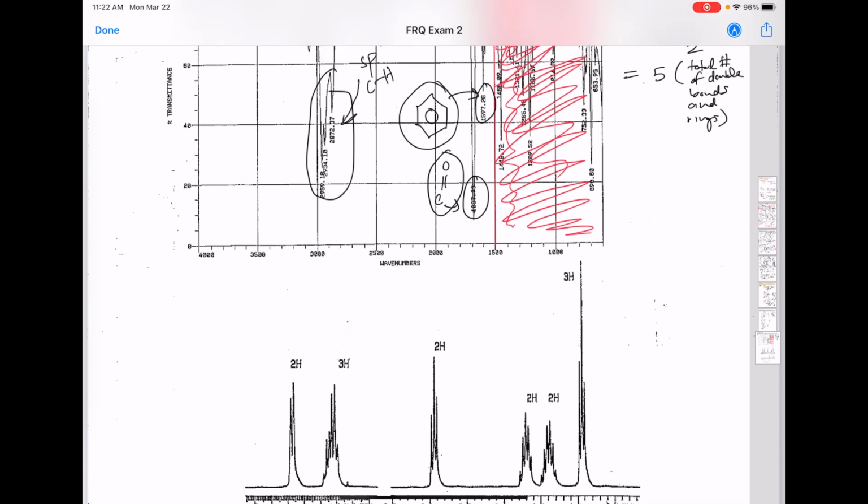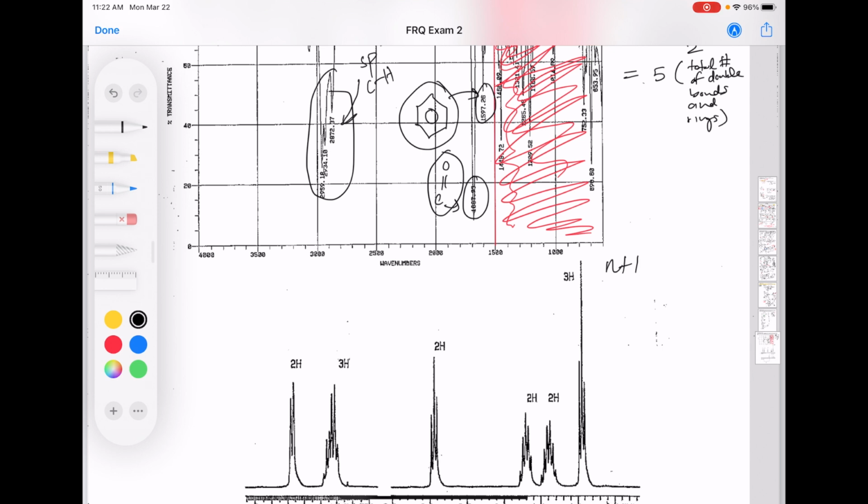So when we look at the splitting pattern of this set of peaks, we see there are 3 distinct peaks. And this tells us something, right? Remember the n+1 rule?